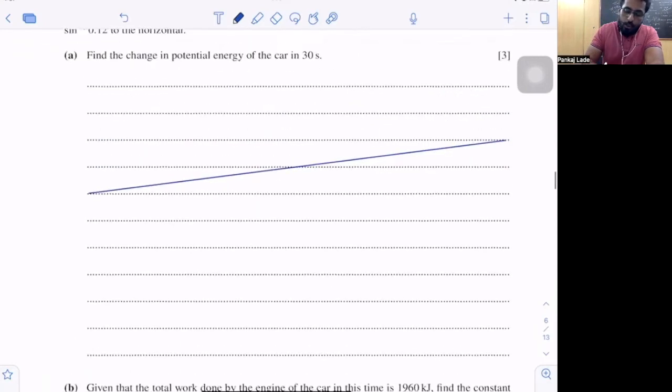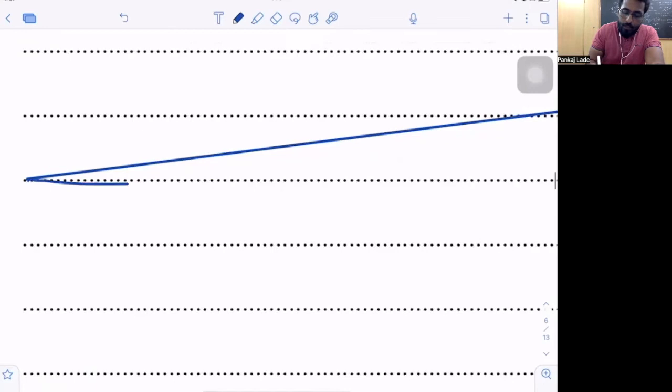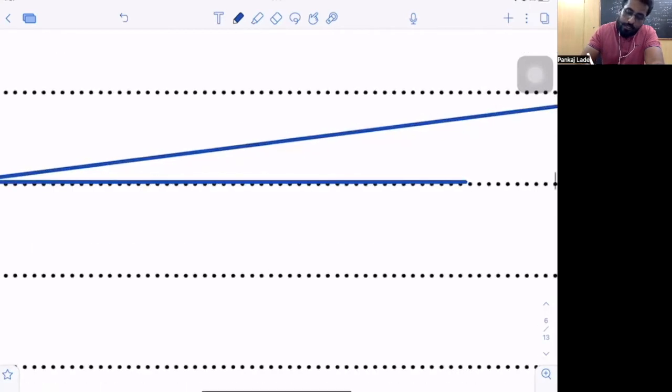So let's draw a horizontal line as well to indicate the angle. This angle, I can name it as theta. So theta is sine inverse of 0.12, right?